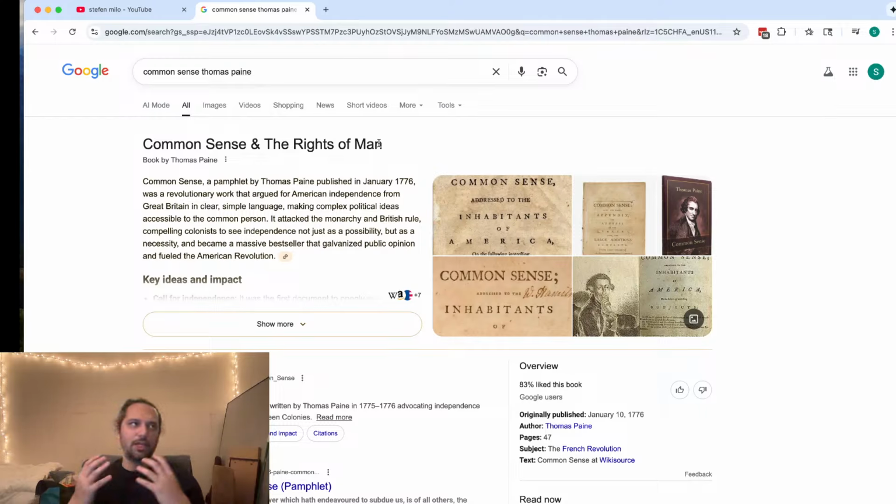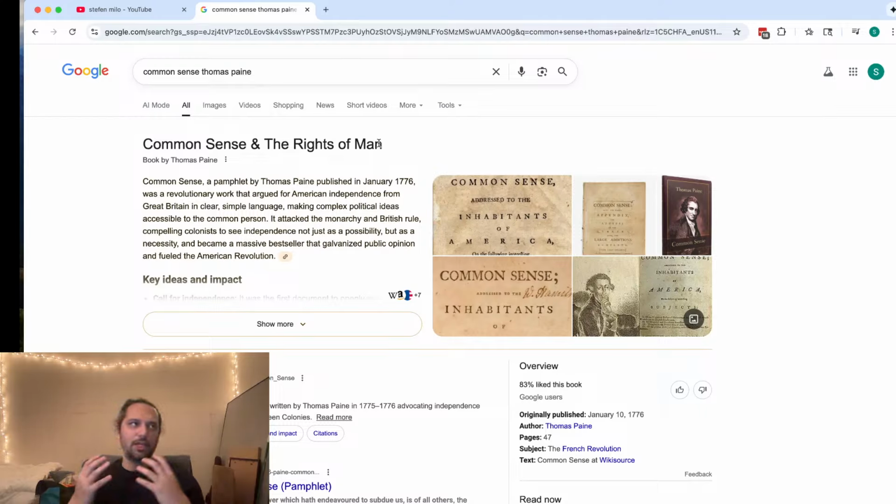And then there was this hope that the Parliament in Britain, in London, could come to some agreement with the colonists to allow the colonies back into the empire as equals. And so you had a lot of people who were of that opinion that, hey, we don't want to start our own country.